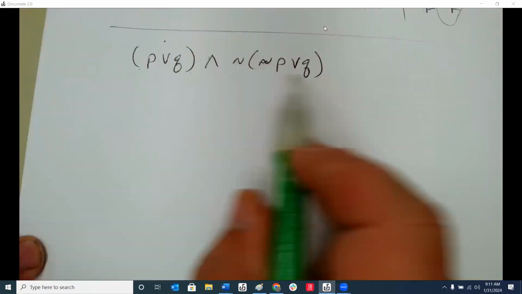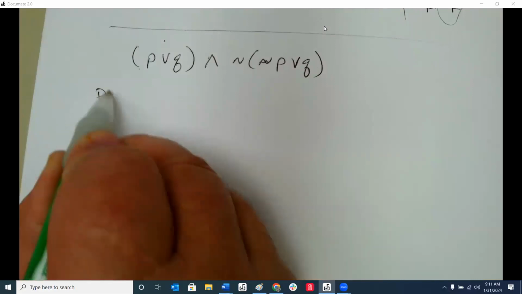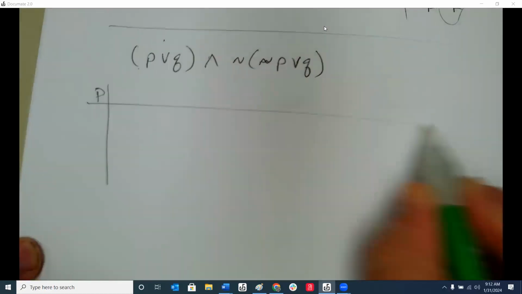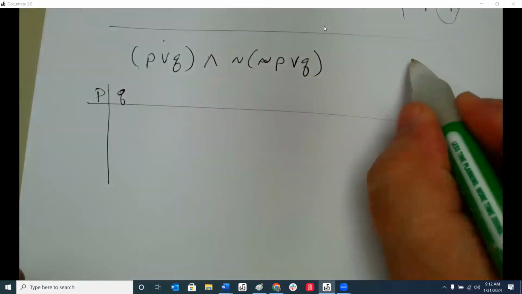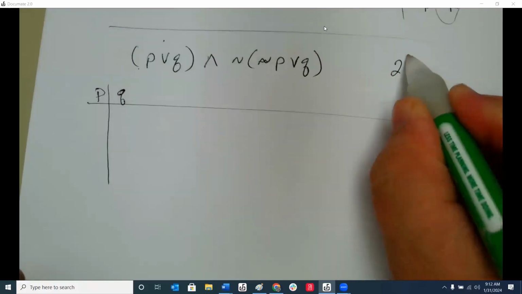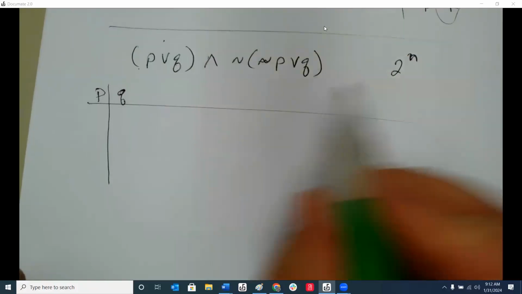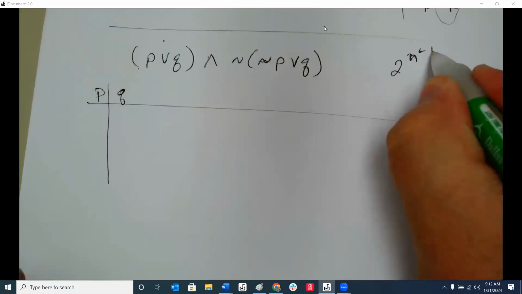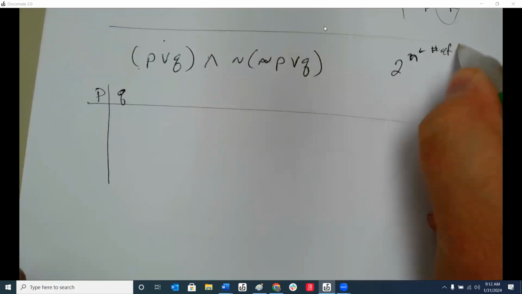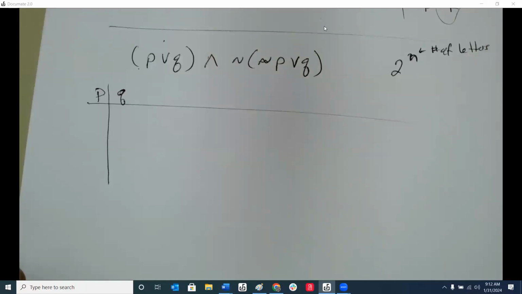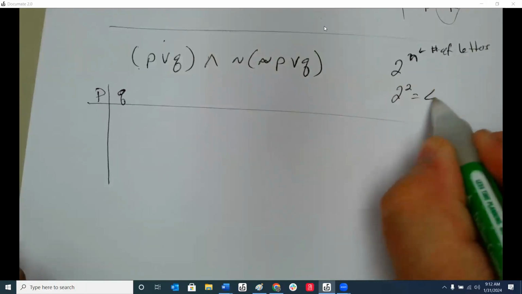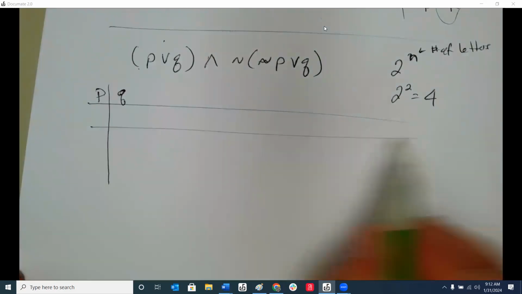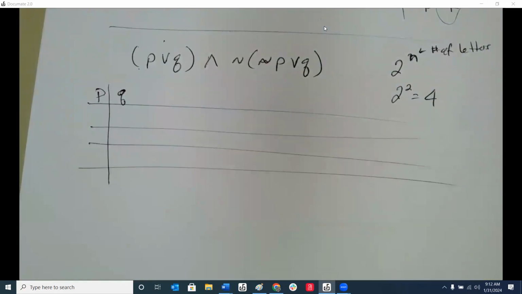Yeah, throughout the whole thing, we only have P and Q. Since we only have two, the number of rows we're going to have, N is the number of letters. So since we have only two, two squared is 4, we're only going to have four rows.